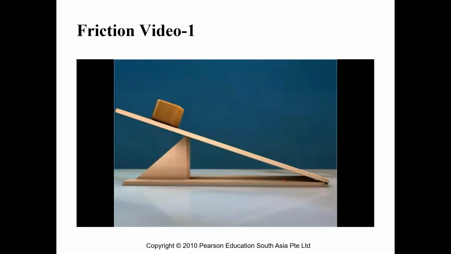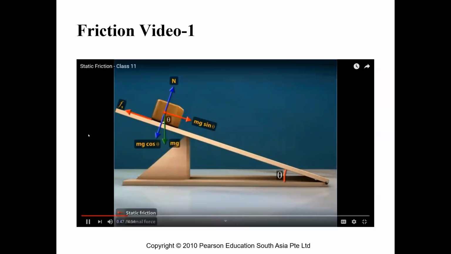If the inclination theta is more than a certain value, this is because the force of static friction equals mg sine theta. It represents various forces acting on the block. Weight of the body mg acts vertically downward.